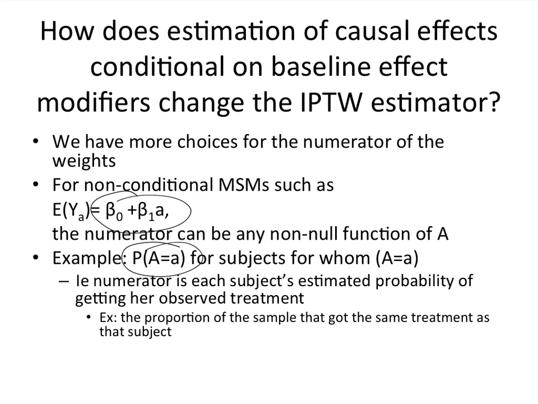It's subjective, and it may be different depending on what you're trying to do. Also, if you think of it as the true one, that stabilizes the weight, because if a certain level of A is relatively rare, that means the denominator, the g_n(A|W), will also be a small number. So having a small number in the numerator means you're stabilizing those weights. You're not going to use big weights because those small numbers go together.